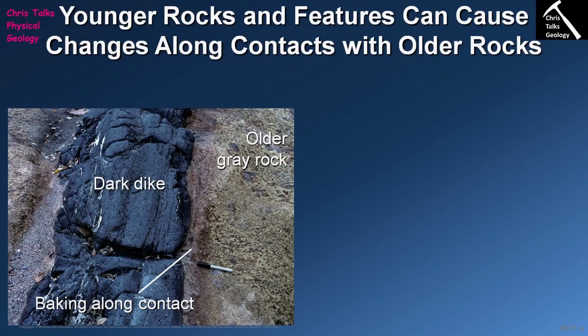It's a form of contact metamorphism, and the mineralogical changes caused by this heating obviously produce a rock that has different physical properties to the original rock which is being heated up. And so that's why this baked contact here has a different appearance when compared to the original rock.